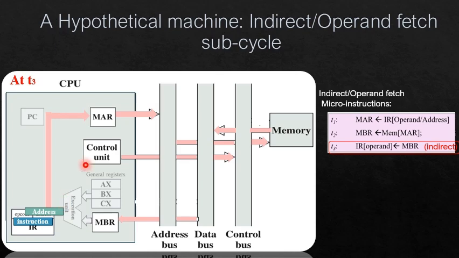The CPU needs to get the operand to be used. In this case, the address will need to go through the MAR again. This is the second time the system visits the memory, but this time, because of indirect addressing, the second visit will get the operand to be used by the CPU for the execution.